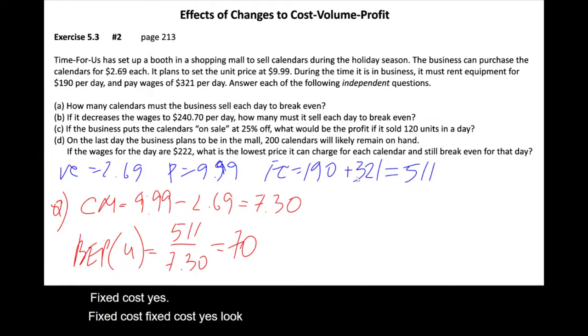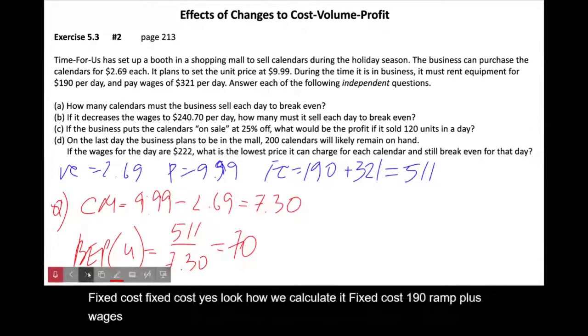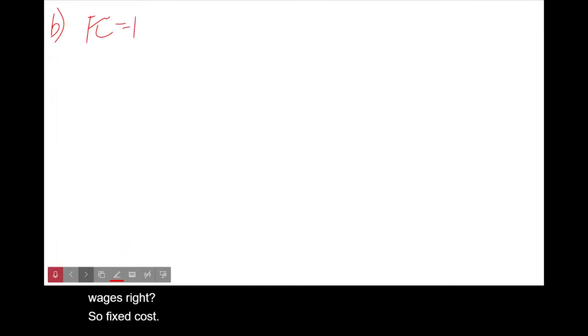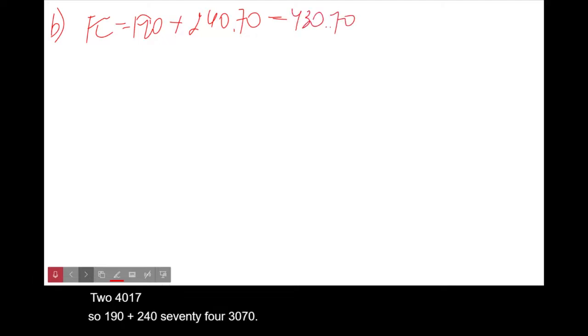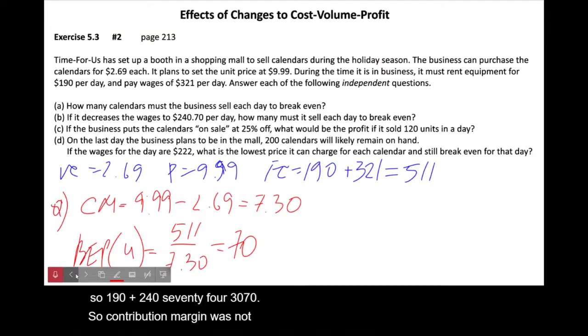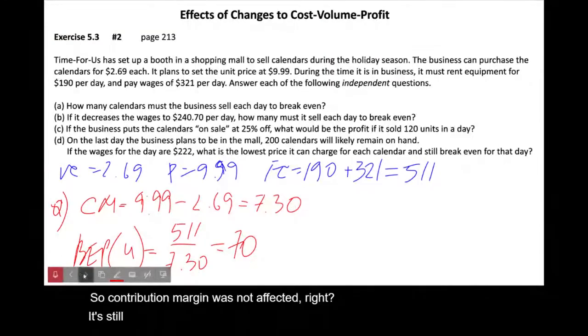Look how we calculated fixed cost, 190 rent plus wages, right? So fixed cost is 190 plus what are the new wages, 240.70. So 190 plus 240.70, 430.70. So contribution margin was not affected, right? It's still 7.30.